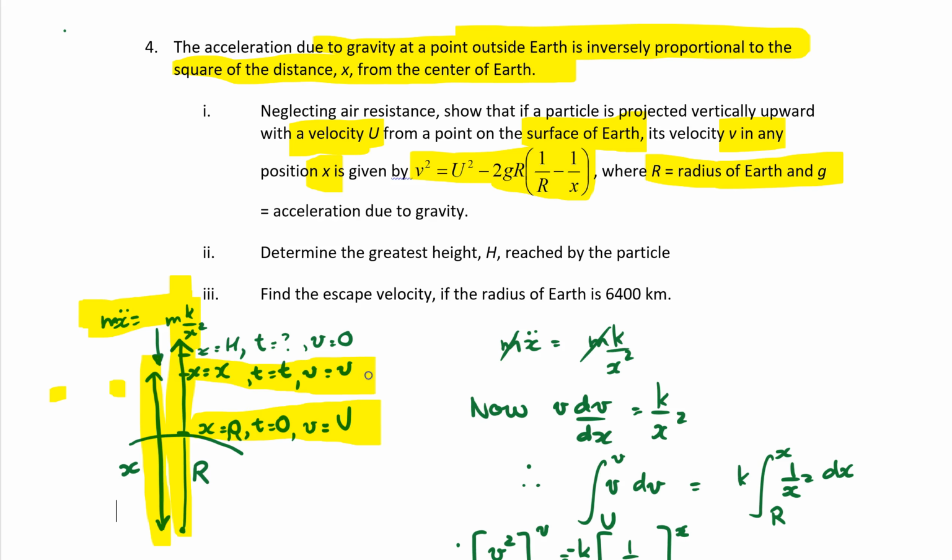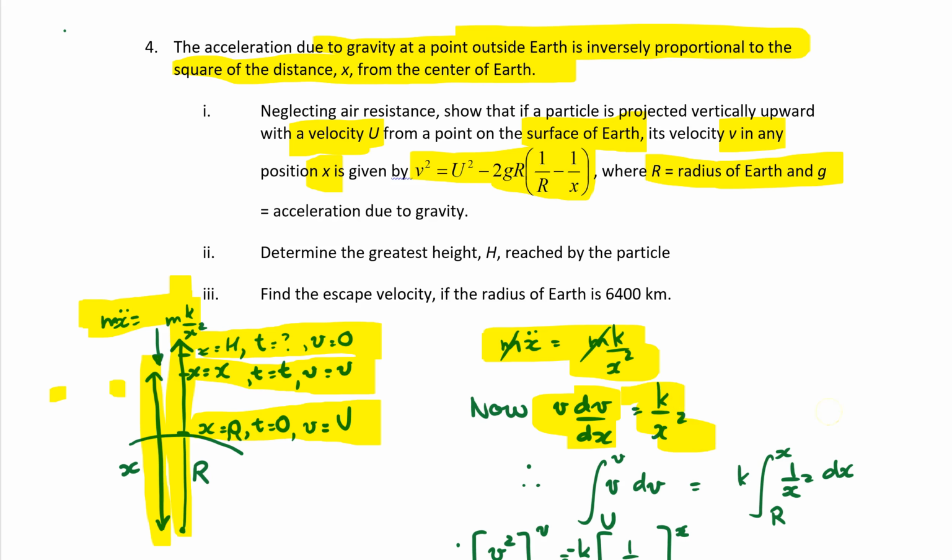At some later time, any later time, we've got that, and at maximum height, we have that the value of x is h and that v equals 0. So, start from, as always, our dynamic equation, and because we want essentially velocity as a function of displacement, we'll set up our equation so that we use this as our expression for a.